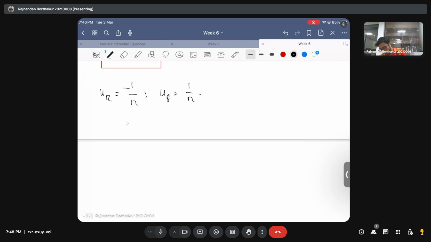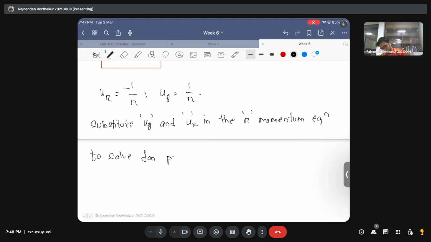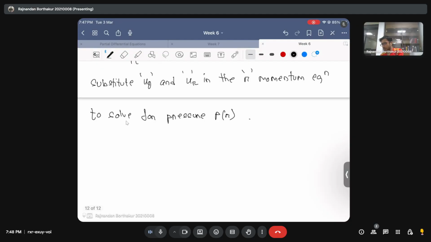That's all that you need to do, which is p as a function of r. I'll not do this, I believe you can do it at your end. Instead, I'll just give you the expression for pressure which I have.